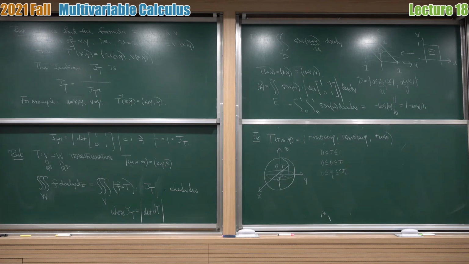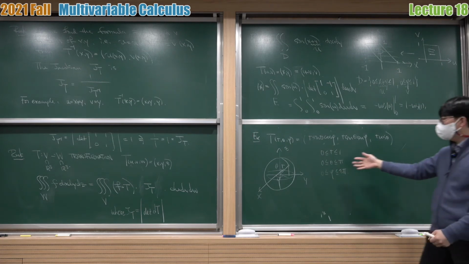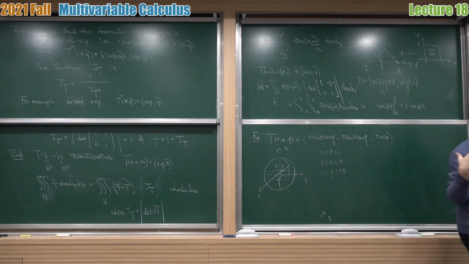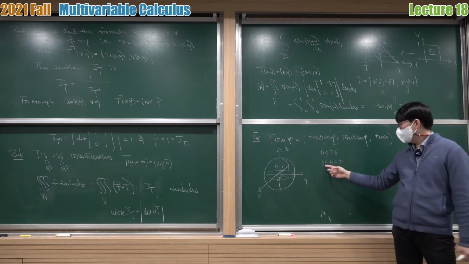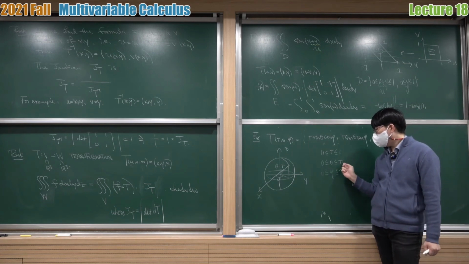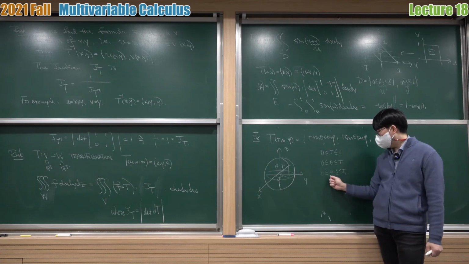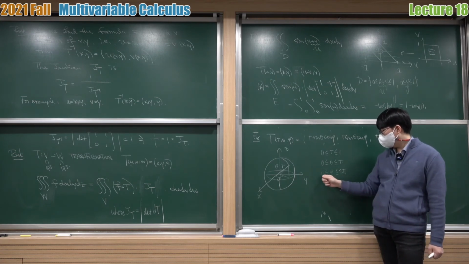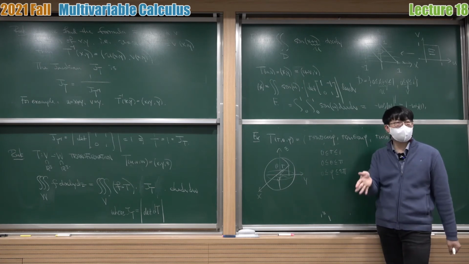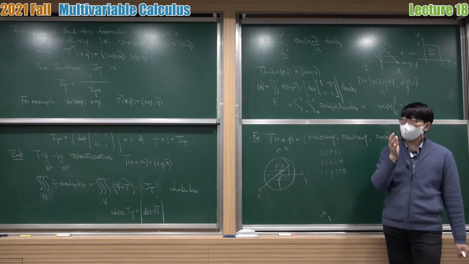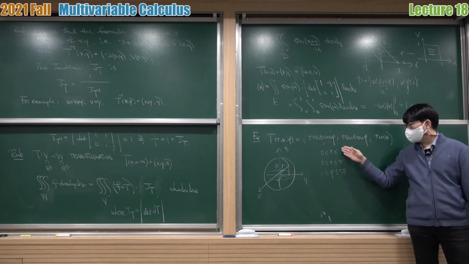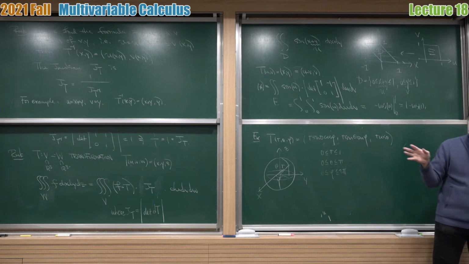For example, if r is 0, then for any theta and phi, it maps to the origin in xyz space. And if I take phi from 0 to 2 pi, including both ends, then 0 and 2 pi map to the same point. So it's not a one-to-one map, but I'm going to include these boundaries anyway.